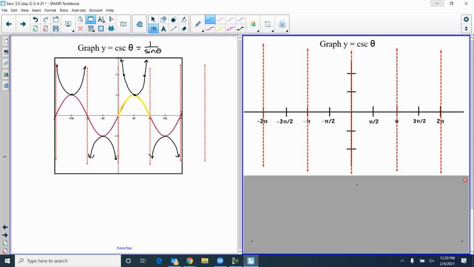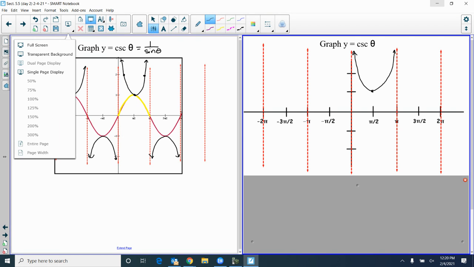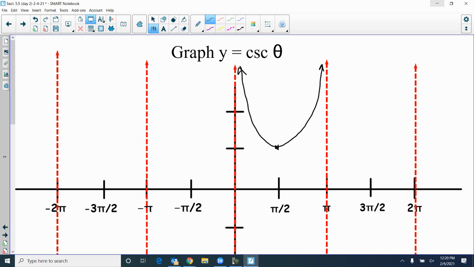Now, the sine graph is not part of the cosecant. I just use it to help find it. But in that first, in between 0 and pi, that one's going to open up. And once you got that, it alternates.